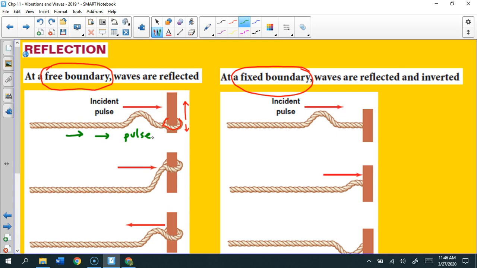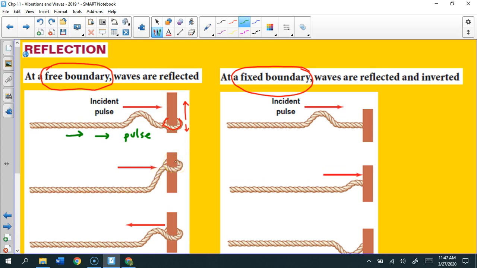We send a pulse down this rope, and it's going to hit this boundary right over here, and that's called the reflection. And what happens is the energy that this pulse was bringing transfers to the end of that rope.